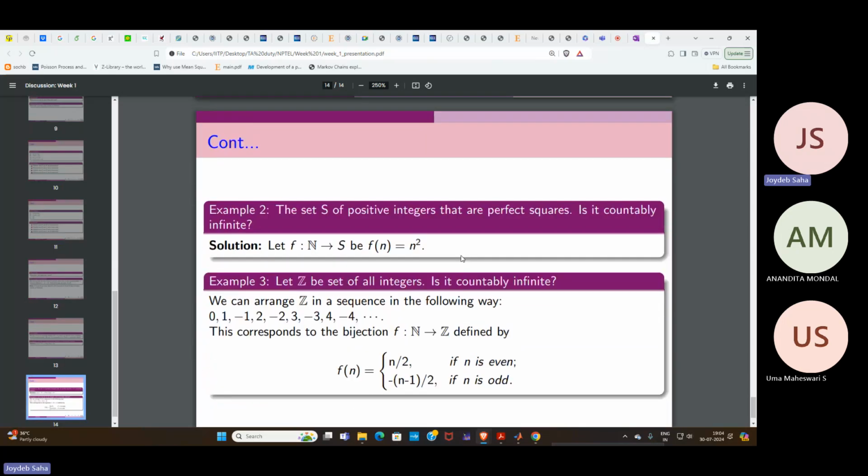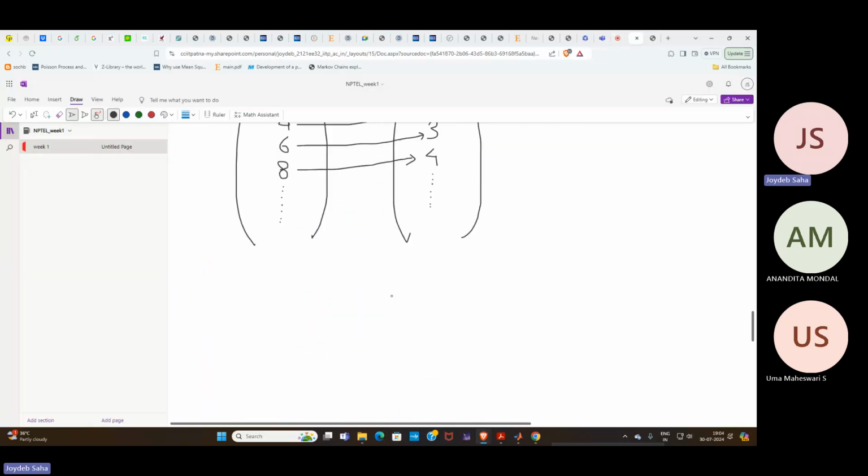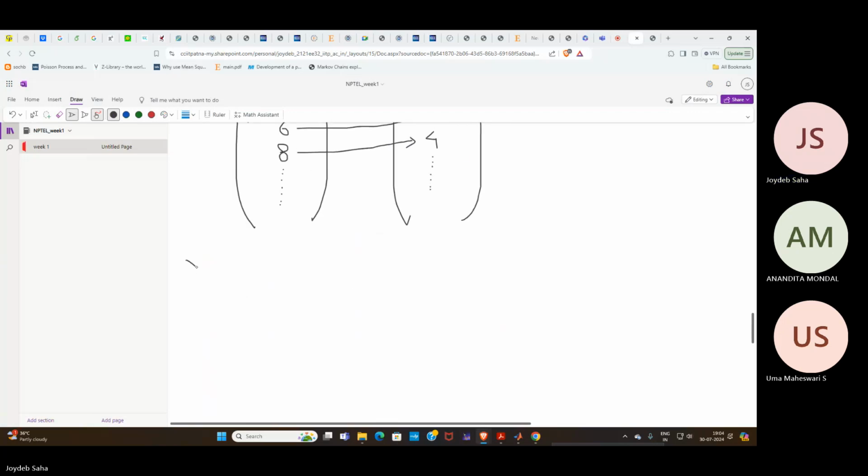Now, the second question: the set S of positive integers that are perfect squares. Is it countably infinite? S is a set which includes the positive integers, and the second condition is perfect square.